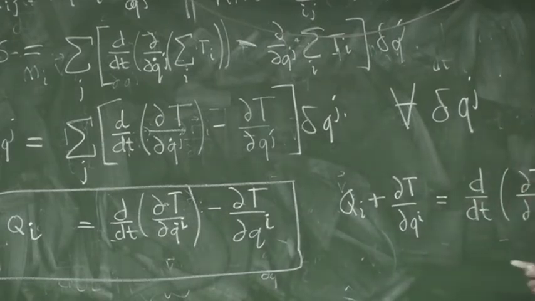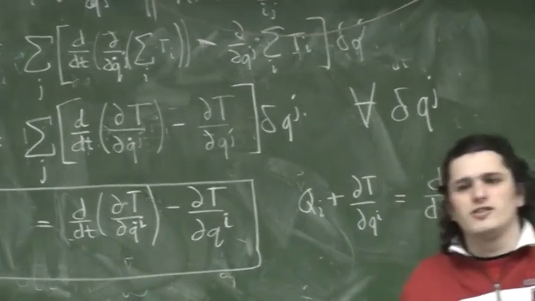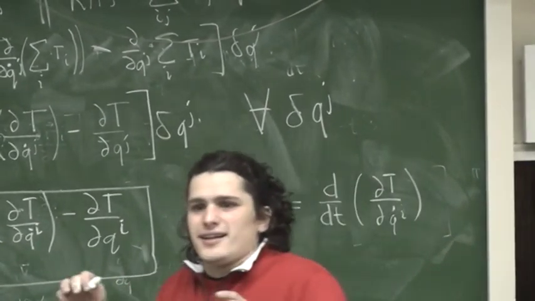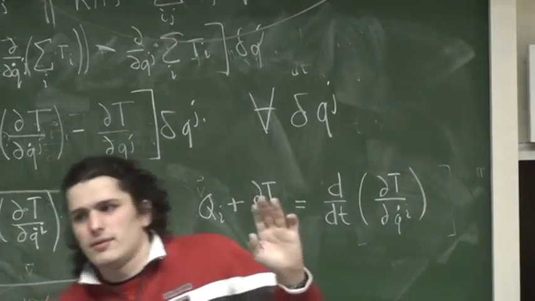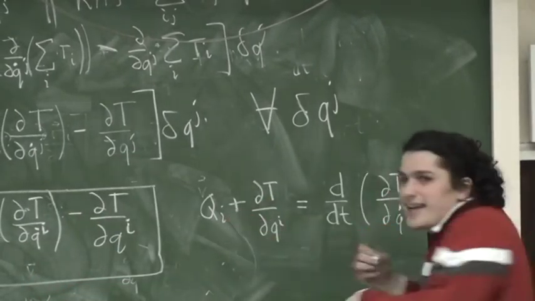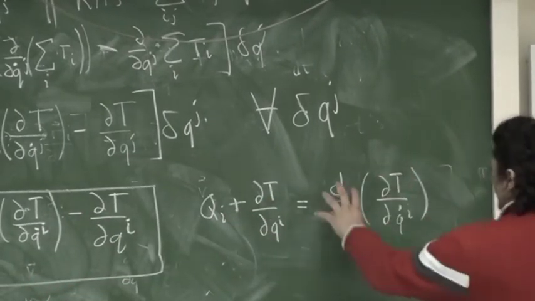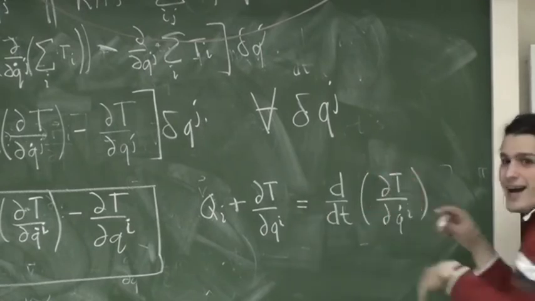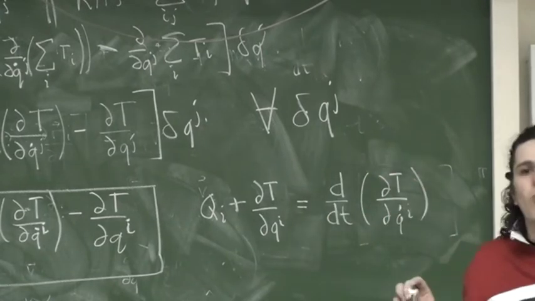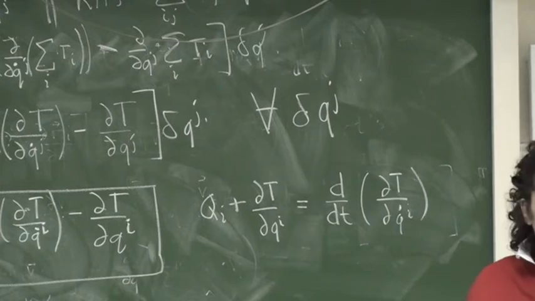The reason I normally write this out is because I want it to look familiar, like Newton's equation. I want it to look like F equals the derivative of momentum. So I can think of this like F, and I can think of this like the derivative of something that I'm going to call canonical momentum.